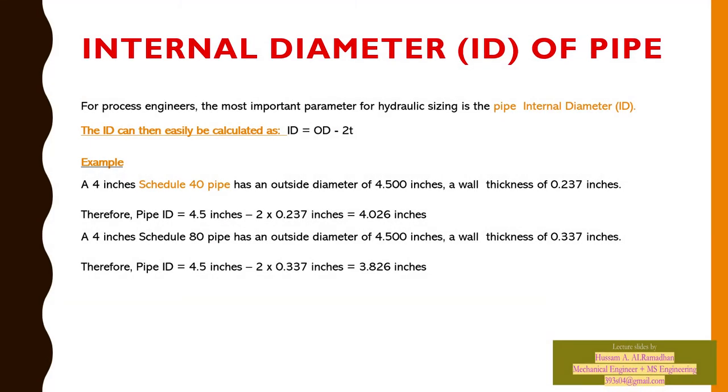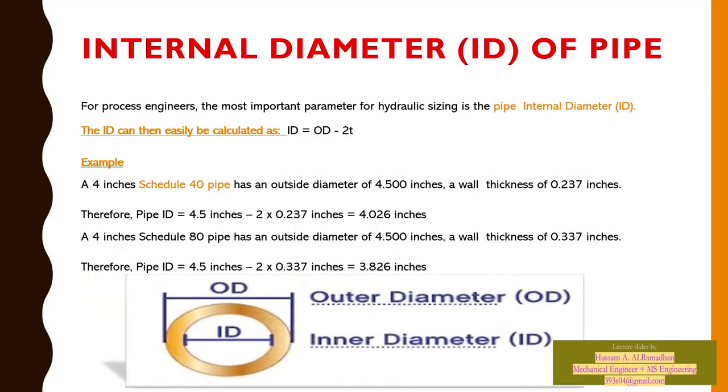Internal diameter ID of the pipe. For process engineers, the most important parameter for hydraulic sizing is the pipe internal diameter ID. The ID can easily be calculated: ID is equal to outside diameter minus 2 multiplied by the thickness. Let's take this example. A 4-inch schedule 40 pipe has an outside diameter of 4.500 inch and a wall thickness of 0.237 inch.